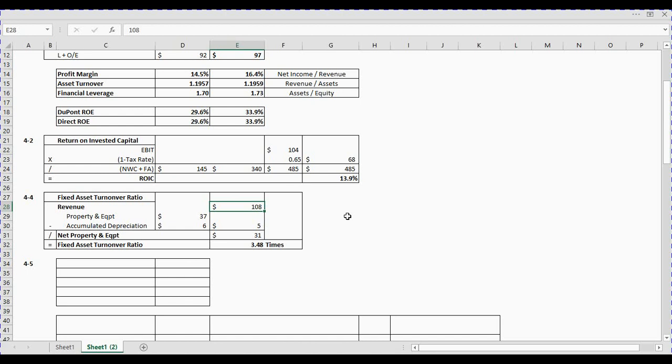By fixed assets, we mean those non-current assets, the long-standing assets: the equipment, the machinery, the buildings, the vehicles, all of those plant, property, and equipment type assets.